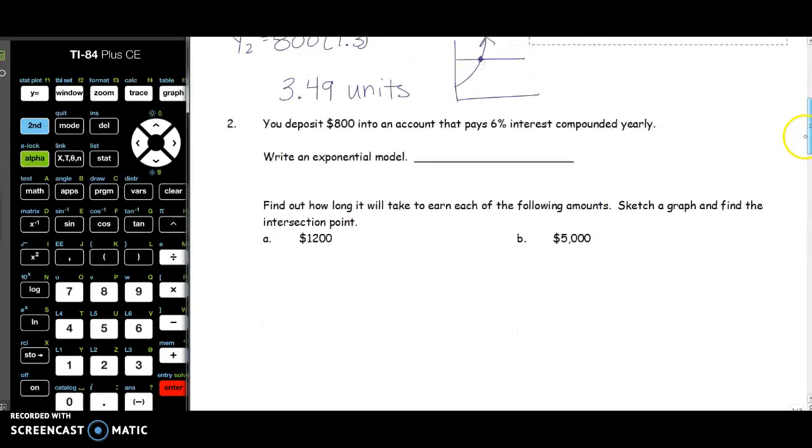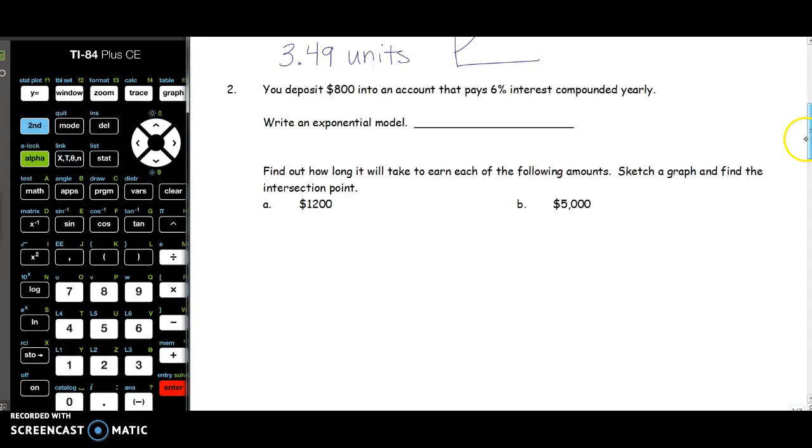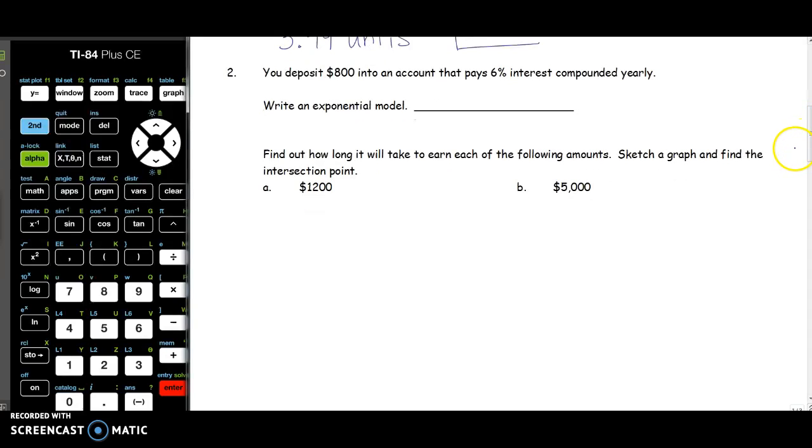So problem number 2 says you deposit $800 in an account that pays 6% interest compounded yearly. This is an exponential growth problem. So when we write our equation, we would say y equals 800. Since it's growth, it would be 1 plus our interest, which is 0.06 raised to the t power.